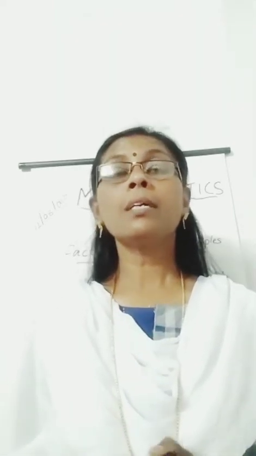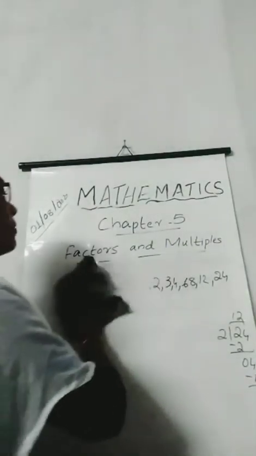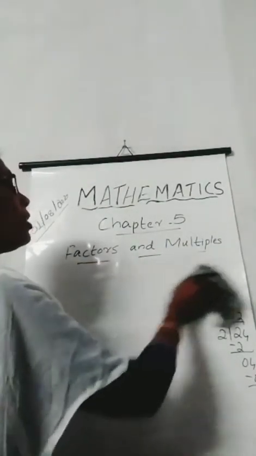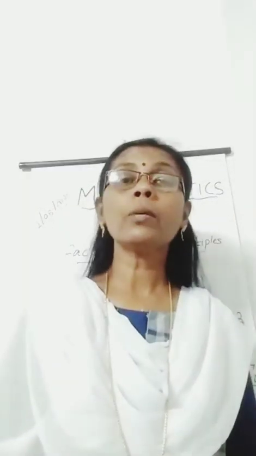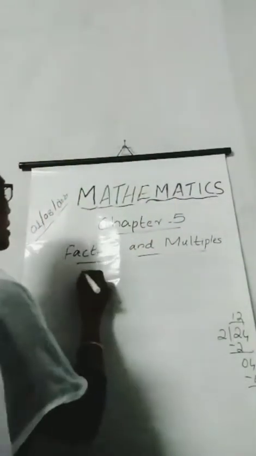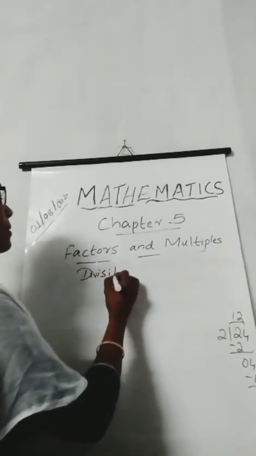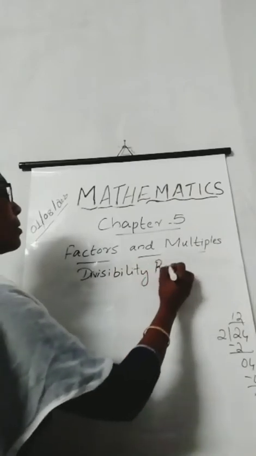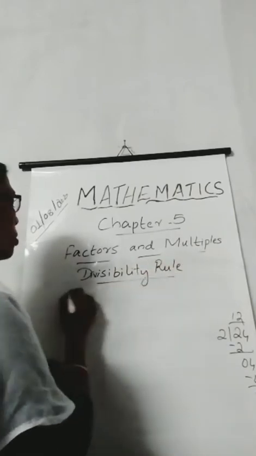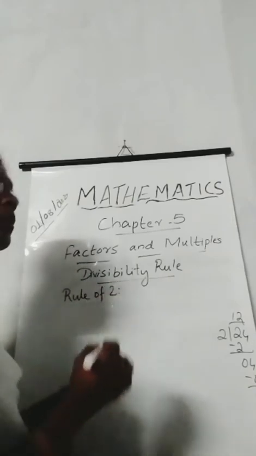That means without dividing, how will you find out the factors in an easier, quicker way? First we will learn the rule of 2.